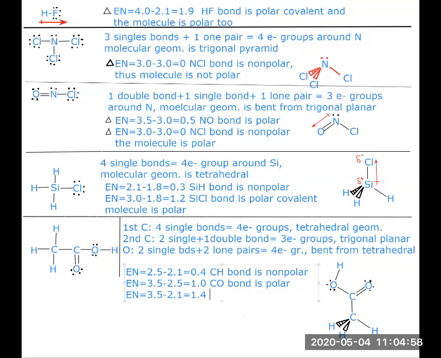And a difference of 1.4 is a polar covalent bond, is polar. Okay. So CO bonds and OH bonds are polar. You will see that a lot when you do exercises. And that's it. We said the CC bond is non-polar because it's twice the same atom, so we don't bother calculating this one.